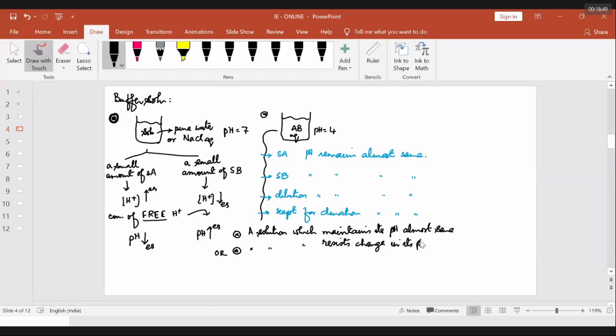Okay. No, sir, there is one more definition. IIT students, enjoy this one.